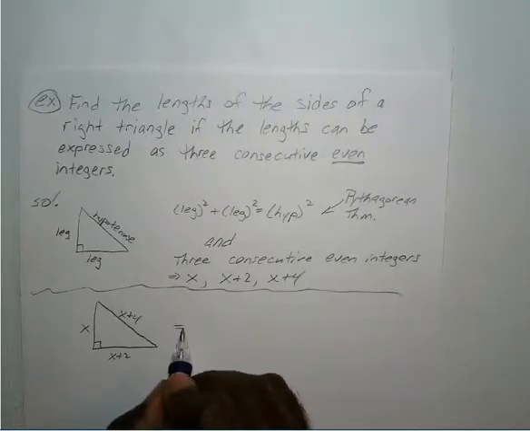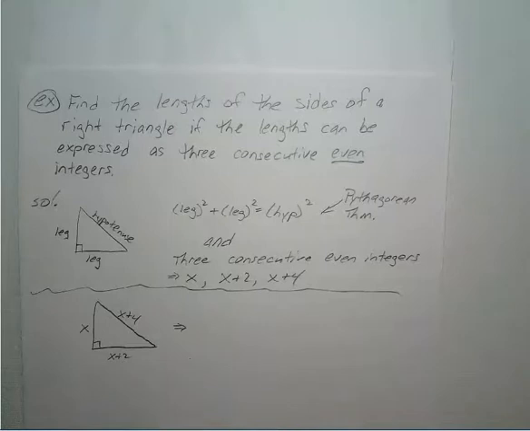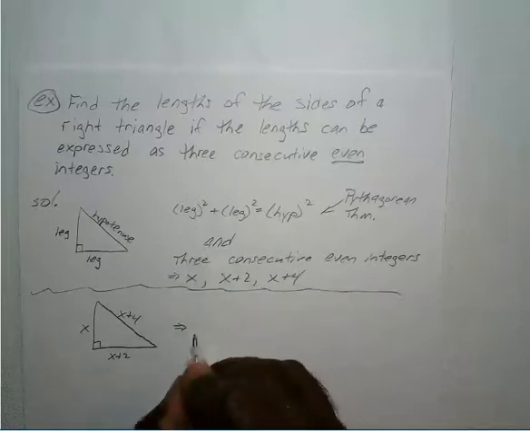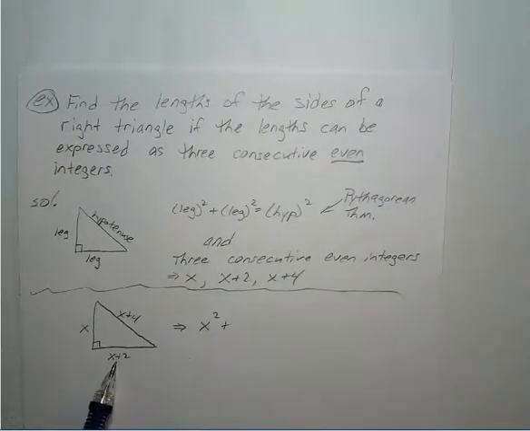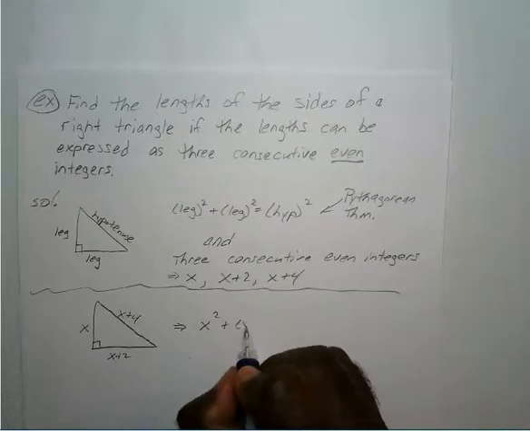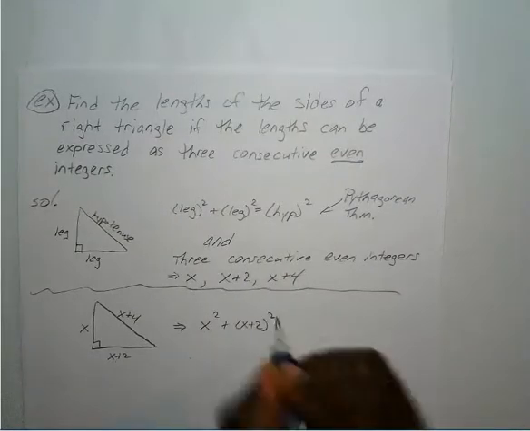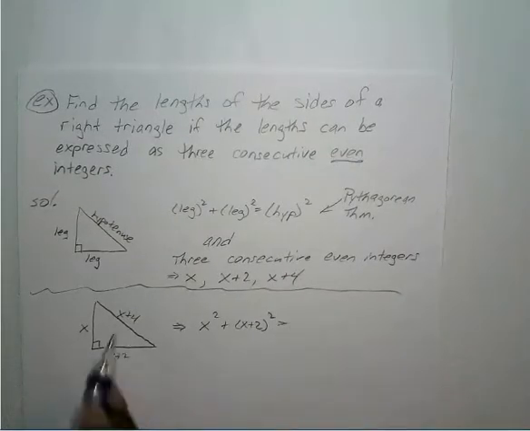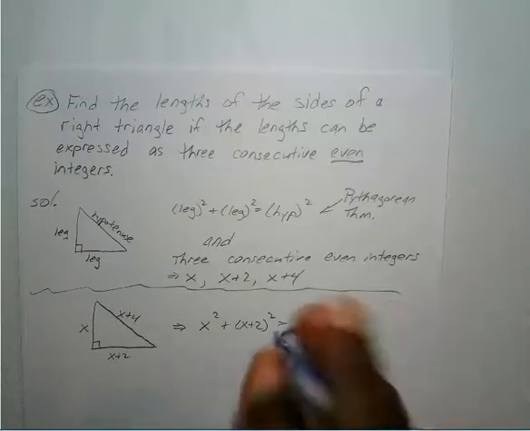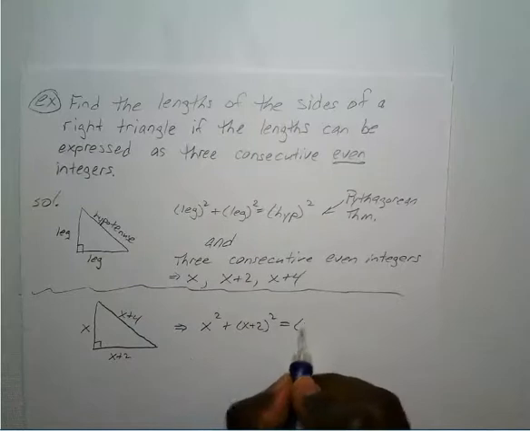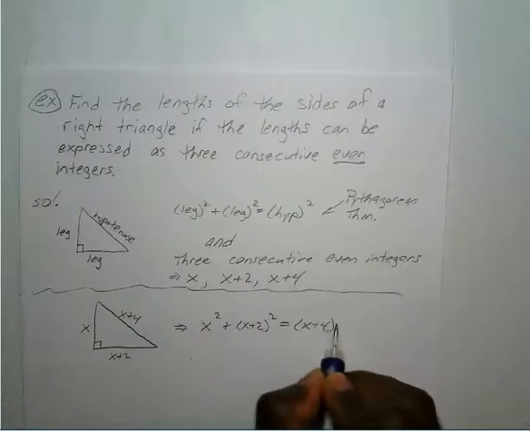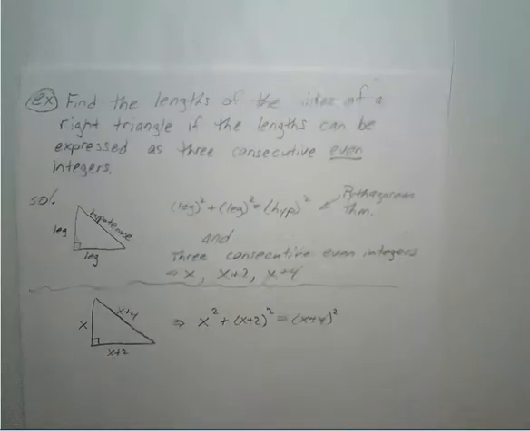Okay, so if we put that into the Pythagorean theorem, you have x squared, so you have one leg squared, plus x plus 2 squared is equal to x plus 4 squared. Let me clean that up. Our hypotenuse.